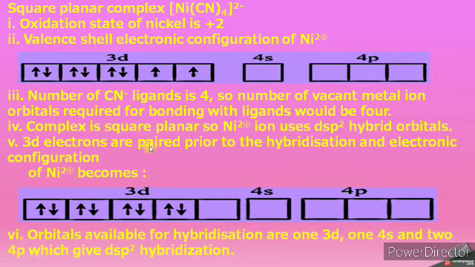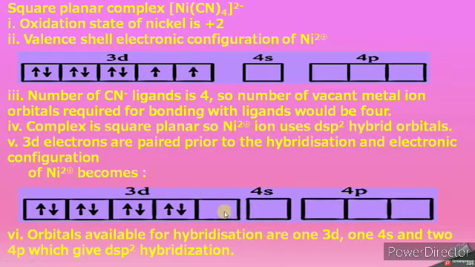Okay, so the 3d electrons are paired before the hybridization. The electronic configuration remains the same, only the unpaired electrons become paired, and there is availability of one vacant 3d orbital.